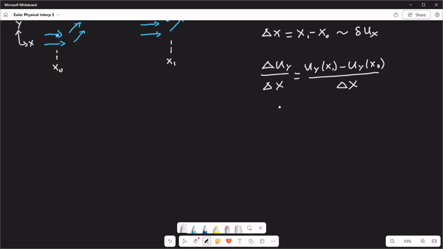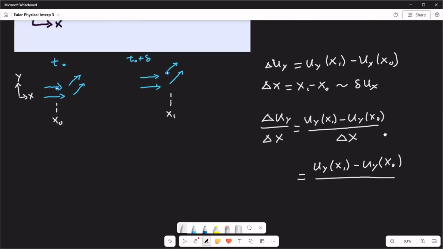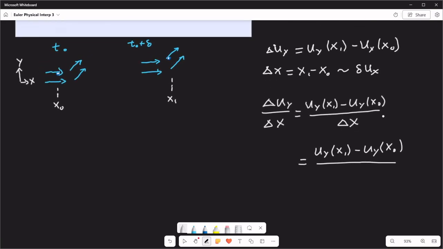So this now comes out to be uy at x1 minus uy at x naught, divided by what I had up here, which is delta t times ux.